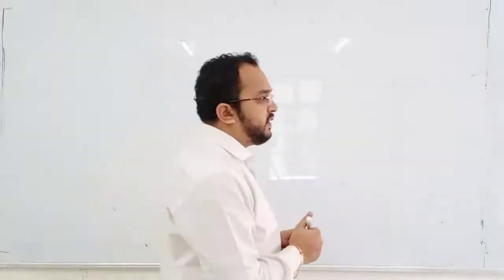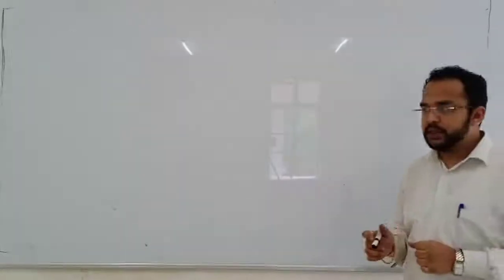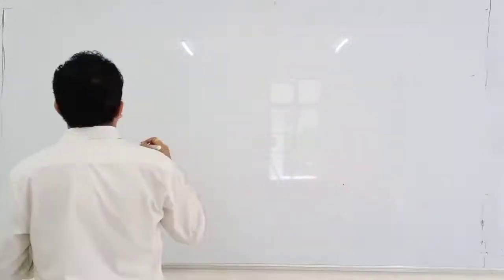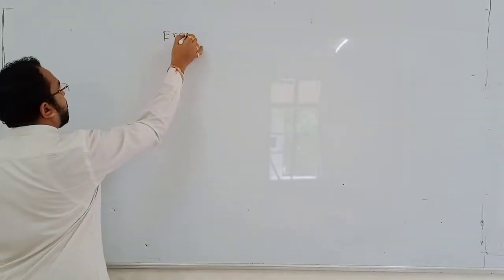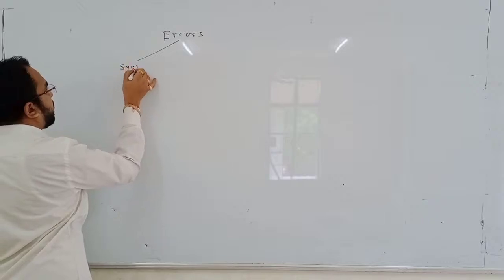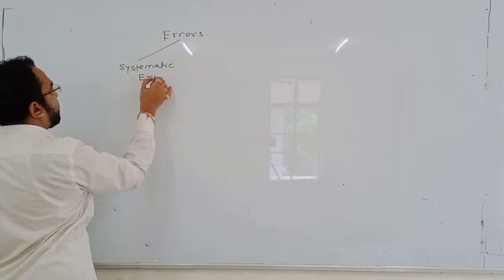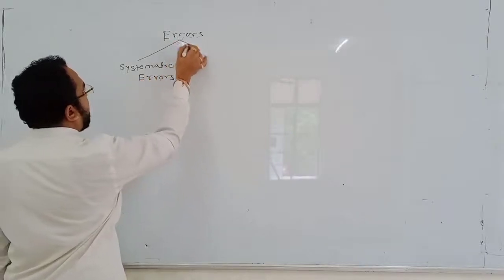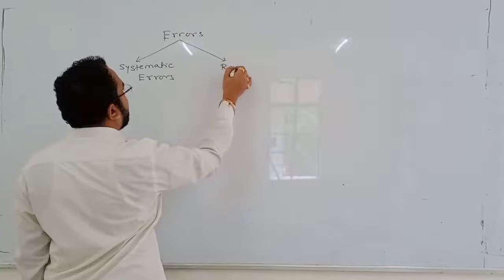So there are basically two types of errors. First one, systematic errors, and second one, random errors.